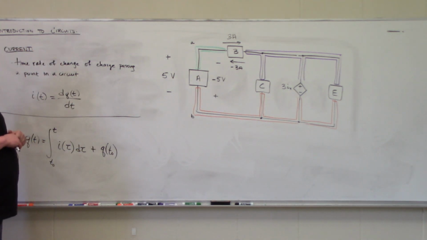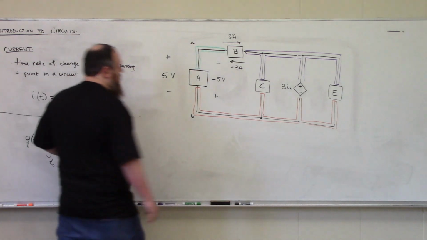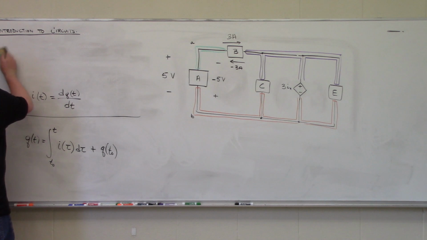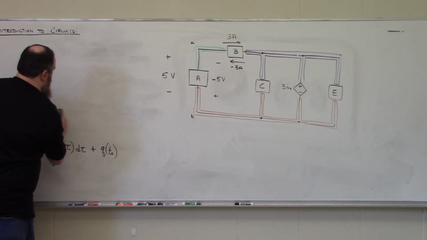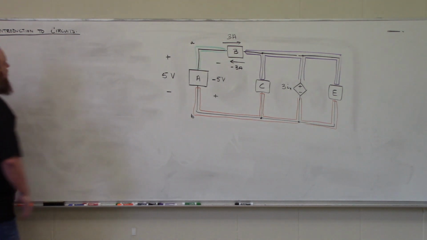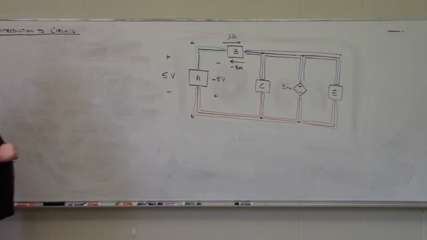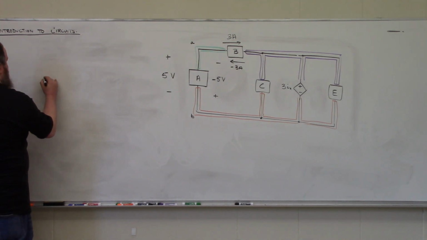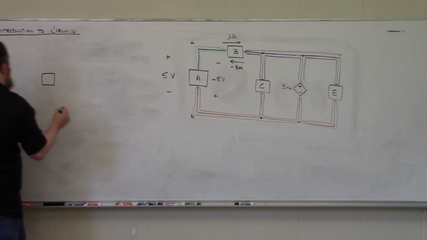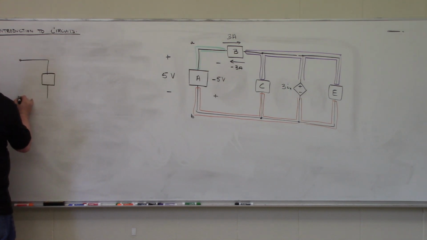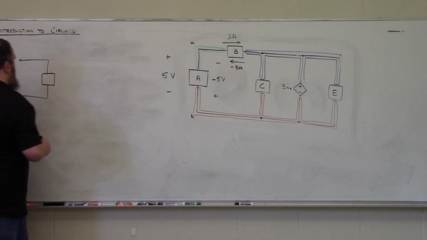All right, let's see. The next quantity that I want to talk about is power. We are going to use what's called the passive sign convention in this class. So let's say that I have a generic element, like so.